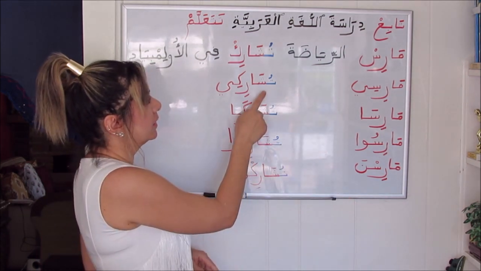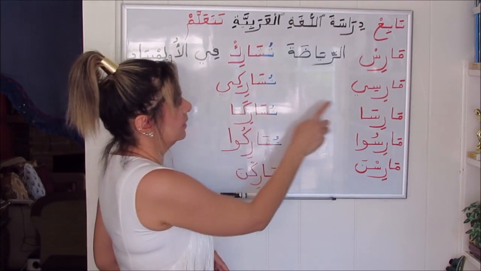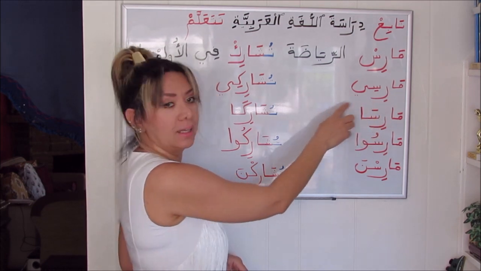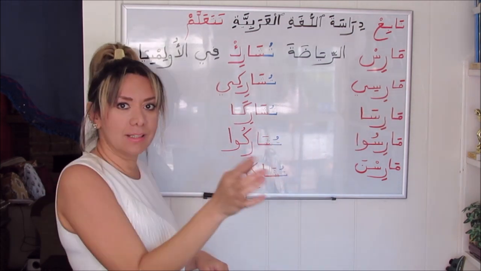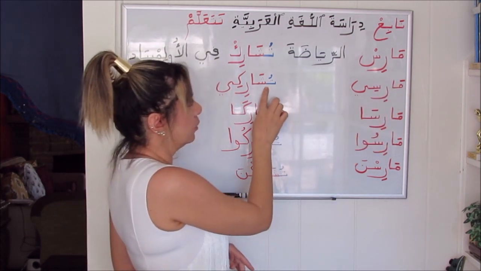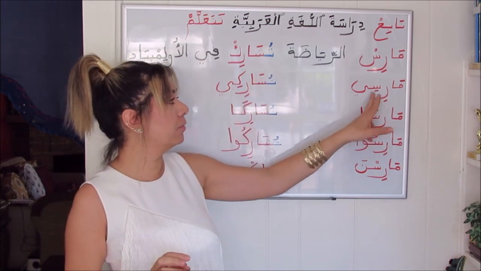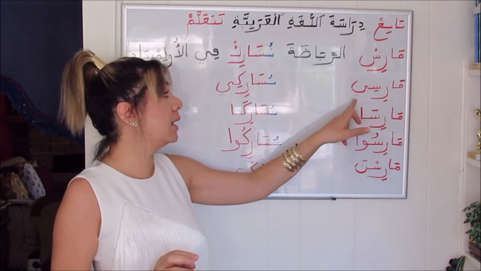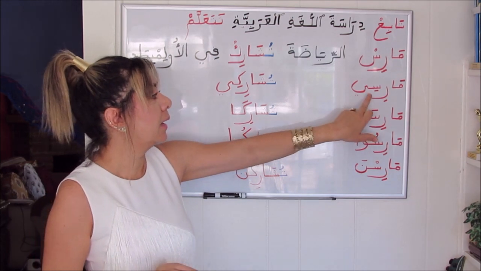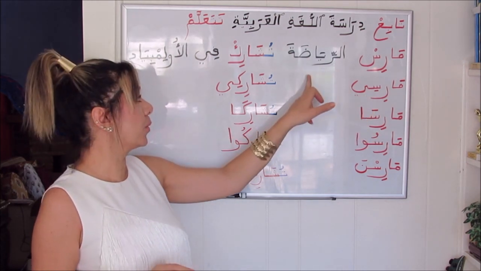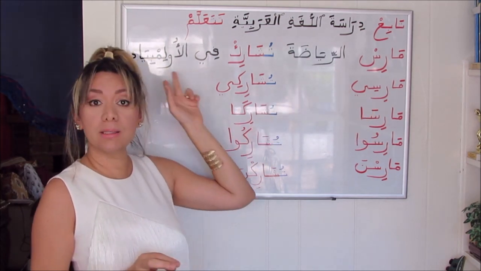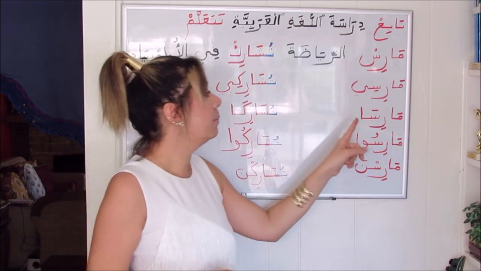So here, تشاركي، مارسي. Instead of تمارسي, you get rid of the prefix and you have the imperative form. مارسي أنت. Practice sports and you will participate in the Olympics.